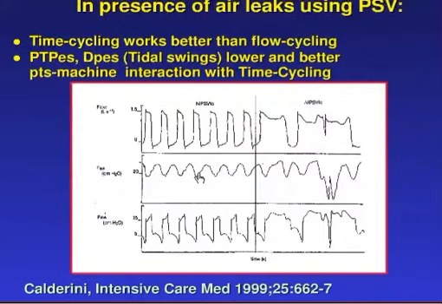Then you can adopt a strategy that with all ventilators may be useful, for example, shifting from flow cycling to time cycling in pressure control, and avoiding these major inconveniences also in presence of air leaks.